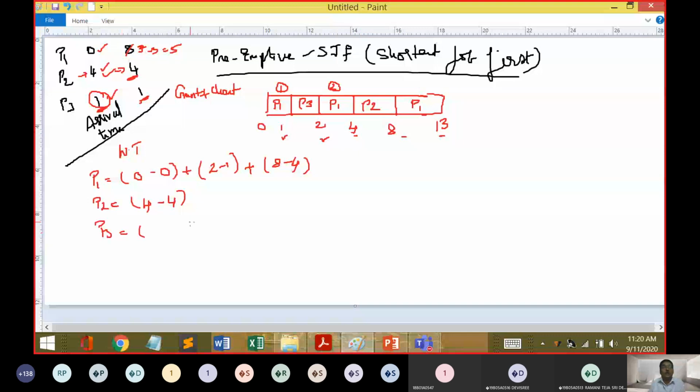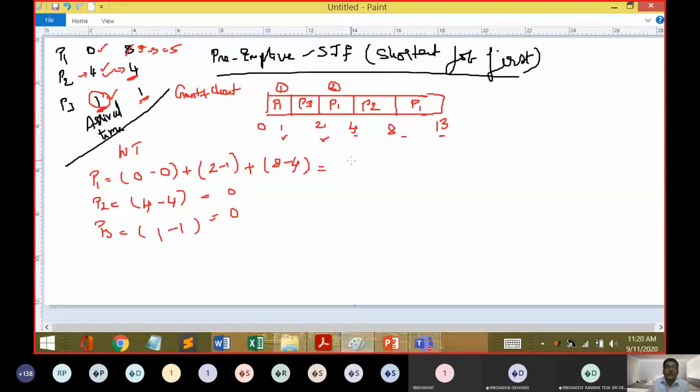Now let us come to the third scenario. P3 arrives at 1 and is going to have a chance at 1 here. So we get 1 minus 1, which is 0, and this is 0. And we have 8 minus 4, that is 4. 4 plus 1, we get 5.